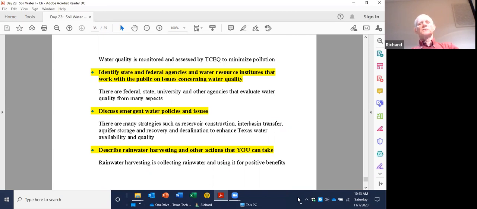There are federal, state, universities, and other agencies that evaluate water quality and quantity from various aspects. Discuss the emergent water policies and issues. There are many strategies such as reservoir construction, interbasin transfer, aquifer storage and recovery, desalination to enhance Texas water availability and quality. Describe rainwater harvesting and other actions that you can take. Rainwater harvesting is collecting rainwater for positive benefits.